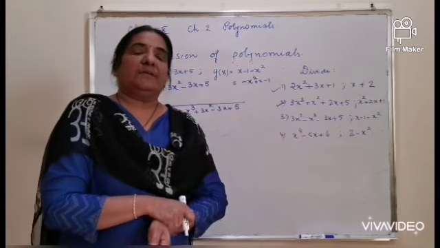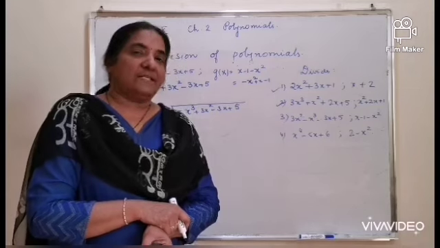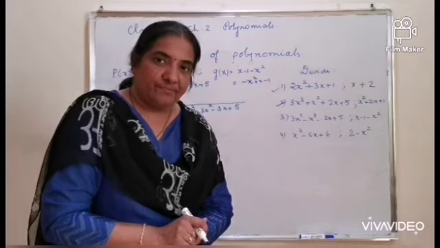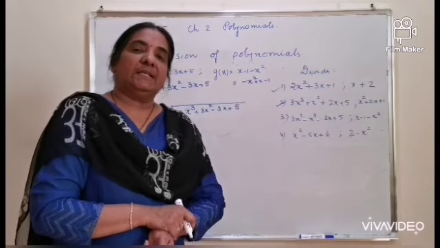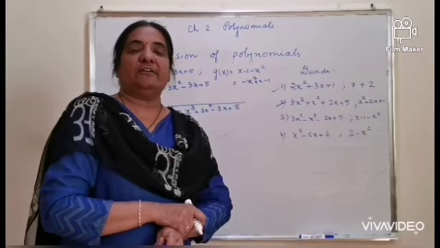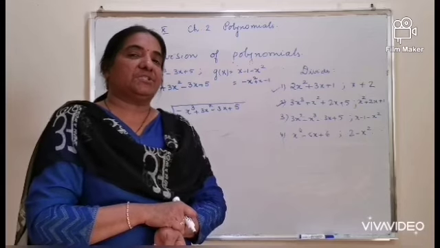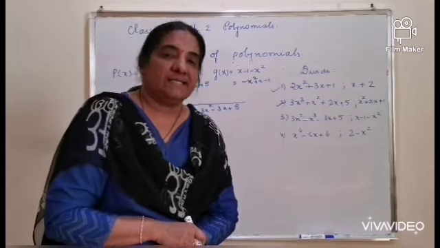Please make sure the arrangement in the standard form doesn't mean that you are removing the sign. Arrange the terms in the descending order of their power, but the sign allotted to each term should be placed as such.